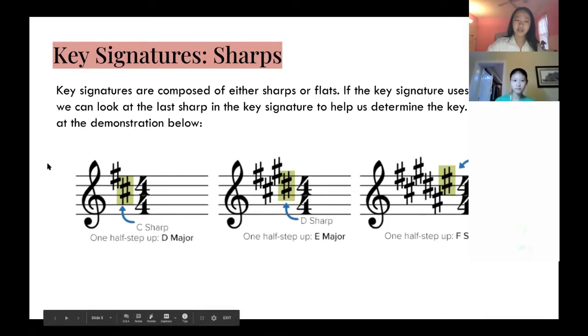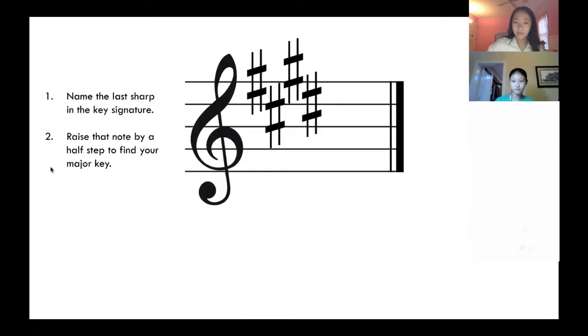Okay, great. We're going to practice what we just learned with some key signatures. I'm going to call on you, but since you have paper in front of you, you can take notes and write this down. For the first question, I'm going to call on Camellia. Camellia, you can either follow the steps or just tell me what key this is. It's E major.